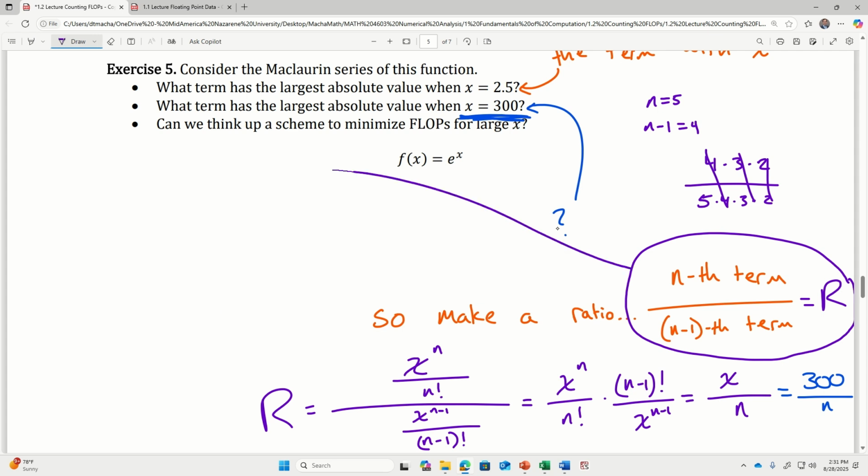And if that's true, then the nth term is going to be equal to this ratio that we just calculated times the n minus 1th term. So every term looks like the previous term times this ratio. And this ratio is 300 divided by n.